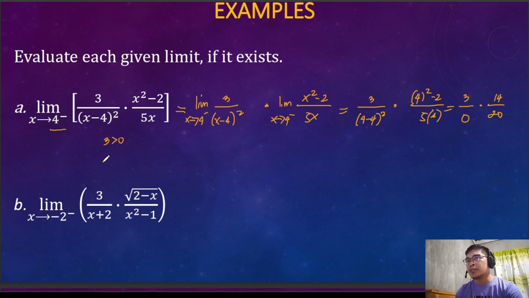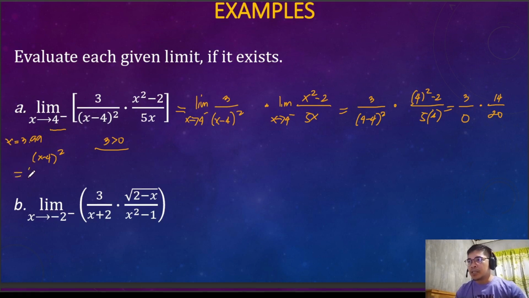Let's check the denominator. Our denominator is the square root of x minus 4, and our a here, x approaches a from the left. So we take x equals 3.99, from the left, less than 4.